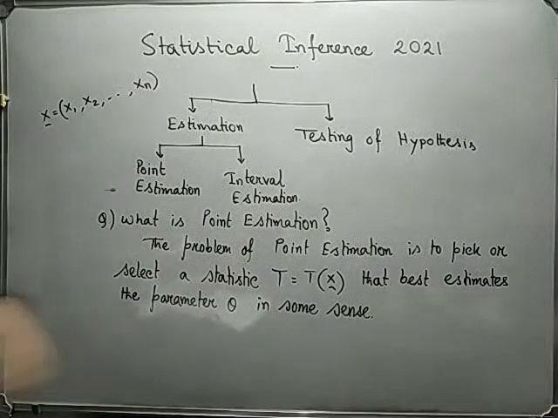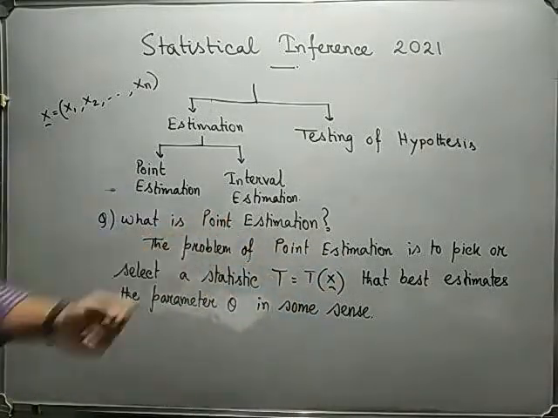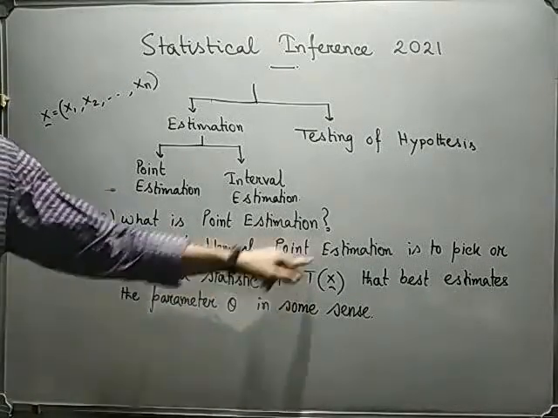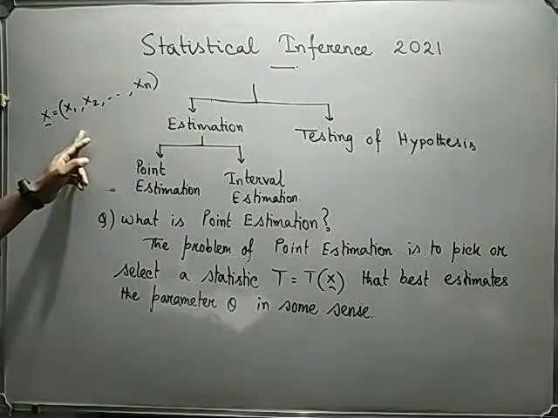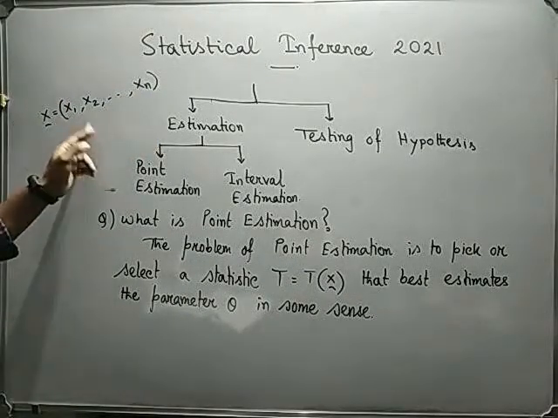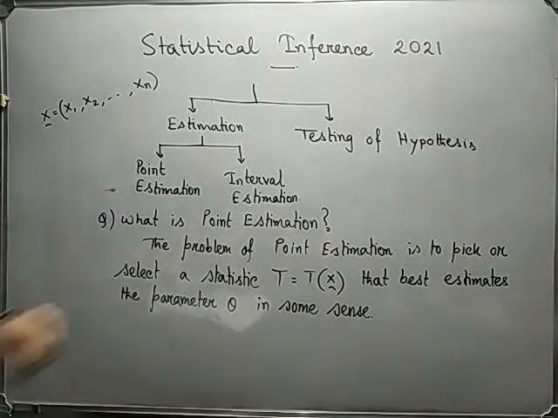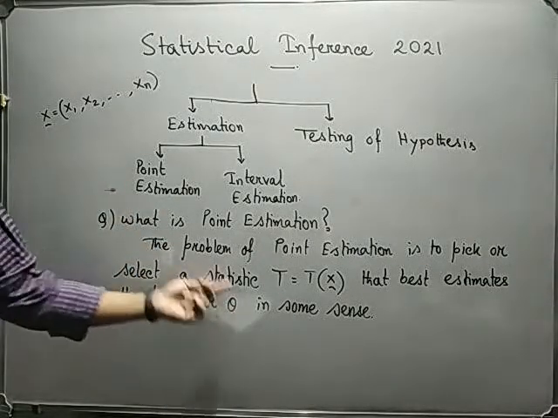So capital T can be written in this form, and capital T is called the estimator of theta. Capital T is a function of x1, x2, ..., xn, or a function of this random sample, so it will give a particular value, and that's why we can say it is a point using which we can estimate the value of theta.